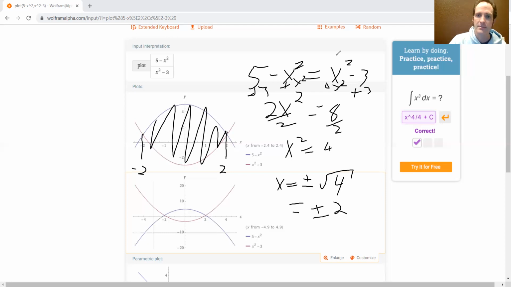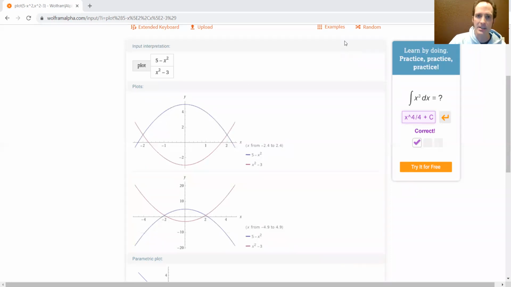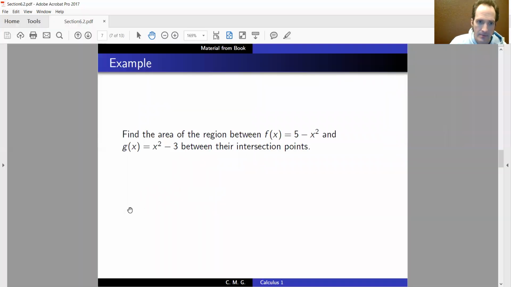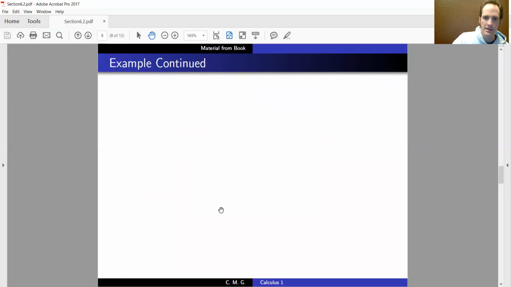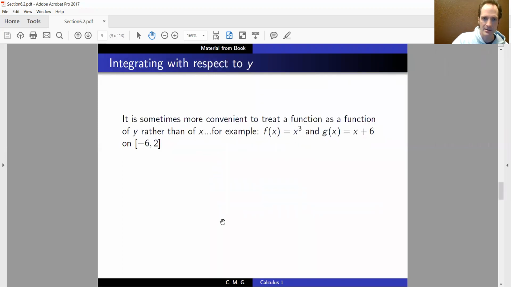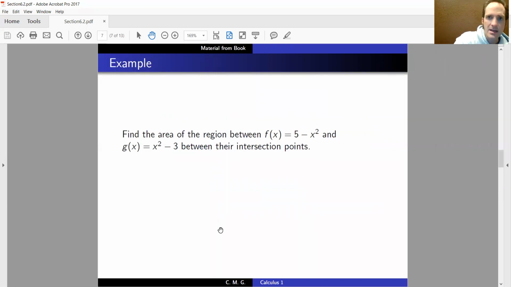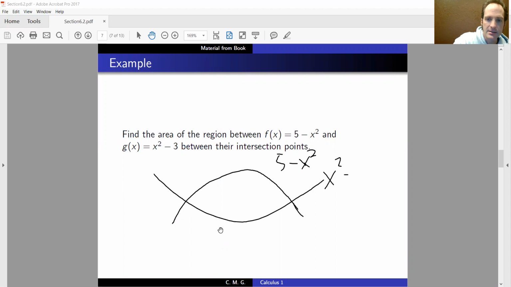All right. So what does that mean? That means I'm going to go back and take my two curves, and ask which one's on top, which one's on bottom. The top one is the 5 minus x squared. It's the one that opens down. The bottom one is the x squared minus 3. They intersect at -2 and 2.